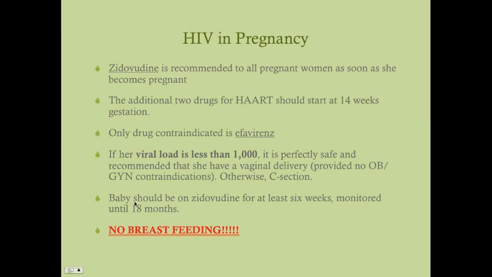Now, when the baby is delivered, the baby should be on zidovudine. You can stop the zidovudine in the mother soon after delivery, but the baby should be on zidovudine from birth for at least 6 weeks, and the baby should be monitored until 18 months. When the baby is checked at 18 months and gets a regular HIV test like anyone else, and it comes back negative, then you have a definitively negative HIV baby.